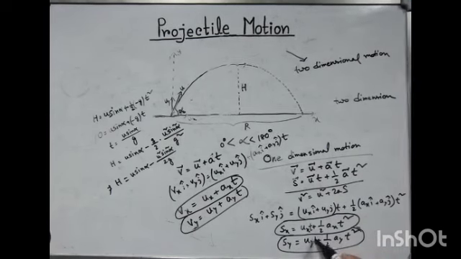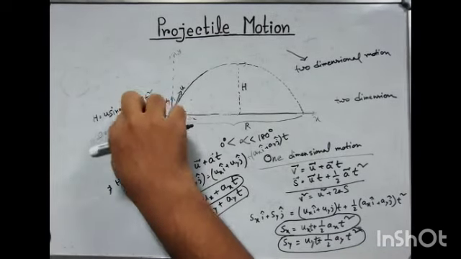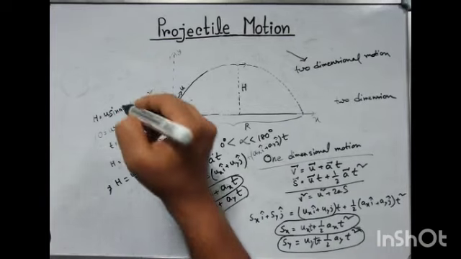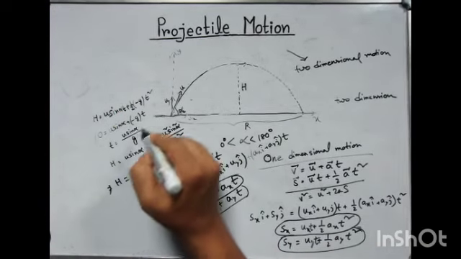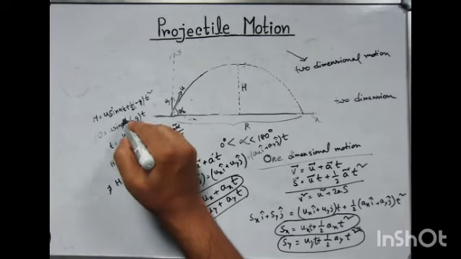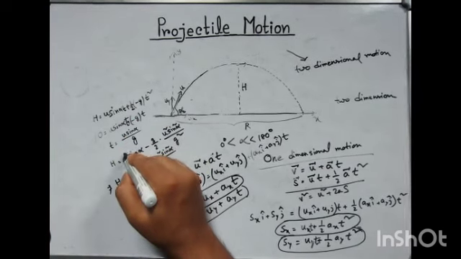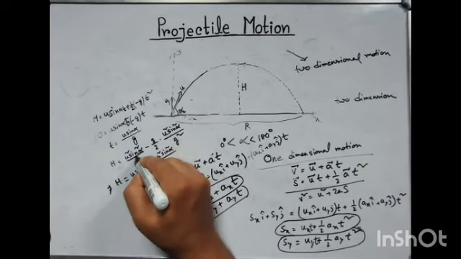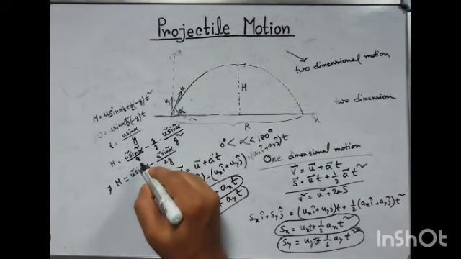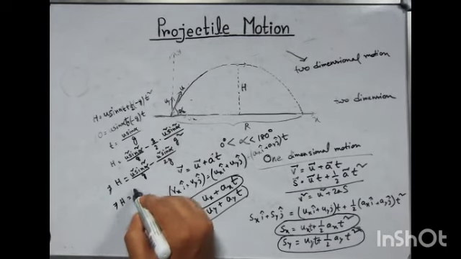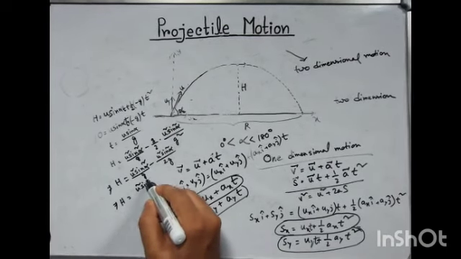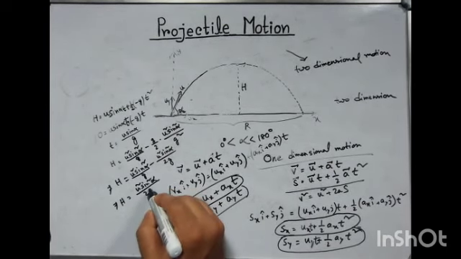So there will be a t also. So here it will be u square sine square alpha by g. So h will be u square sine square alpha by 2g.